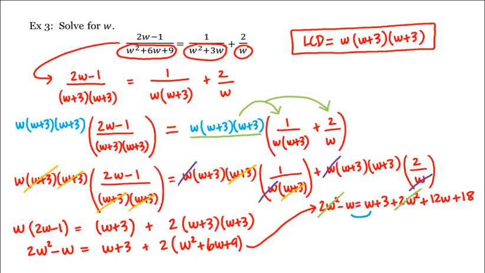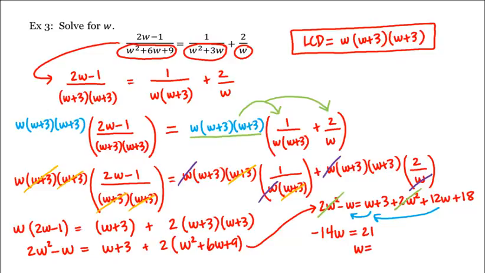And now we can bring all the w terms to the left-hand side, which gives us negative w, and then minus w is negative 2w, and then minus 12w gives us negative 14w is equal to 3 plus 18, which is 21.